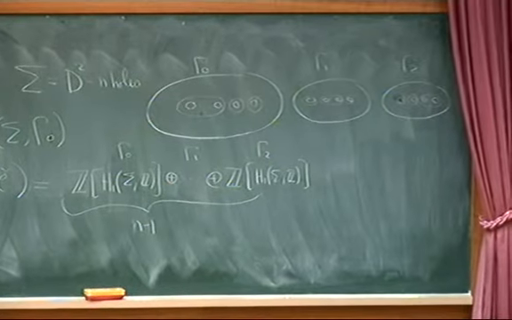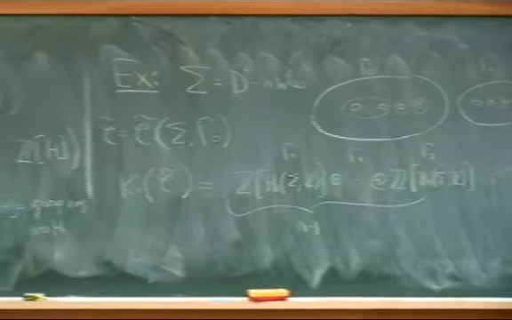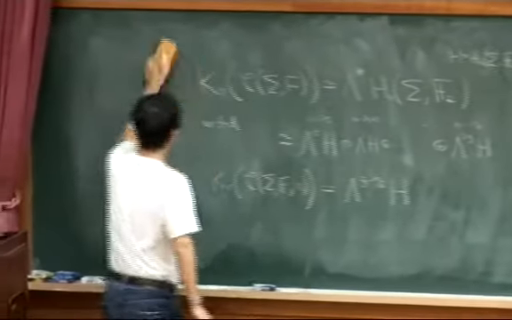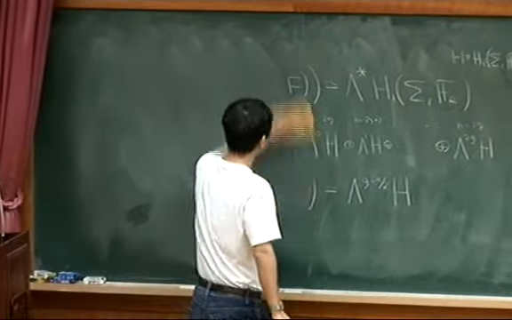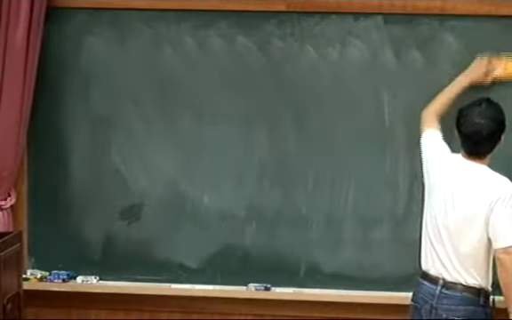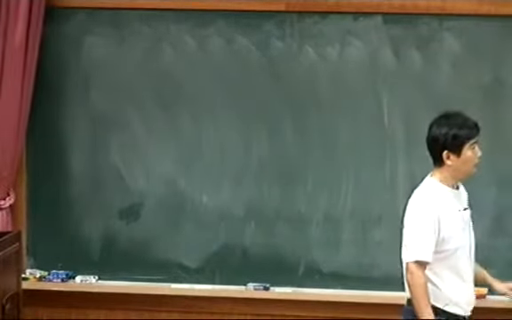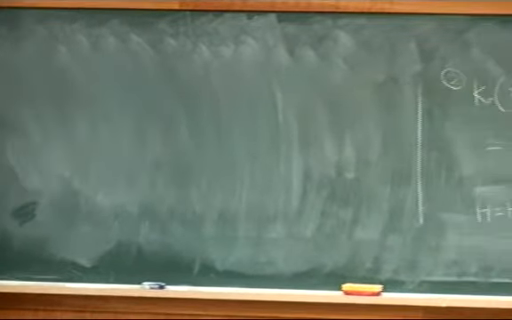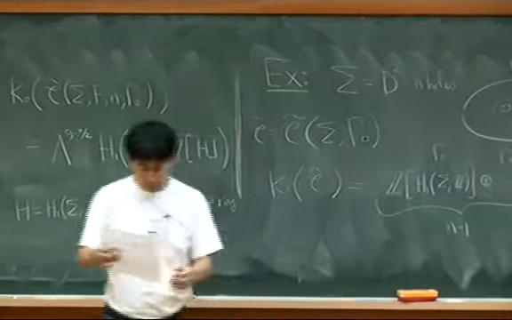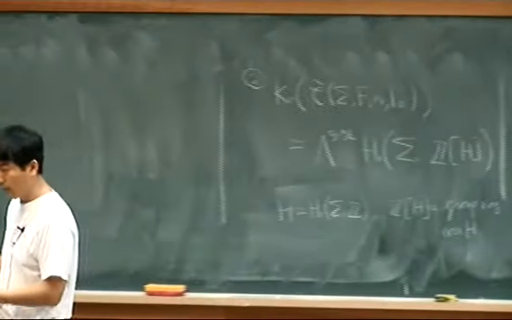Is this slightly okay? Maybe not completely clear. And that example is slightly important because I would like to talk about, for example, braid group actions on things like this.